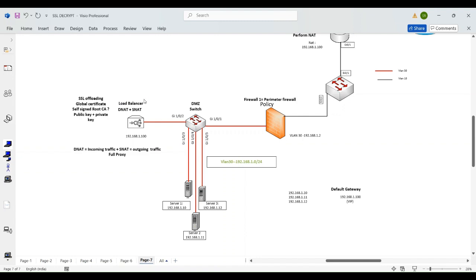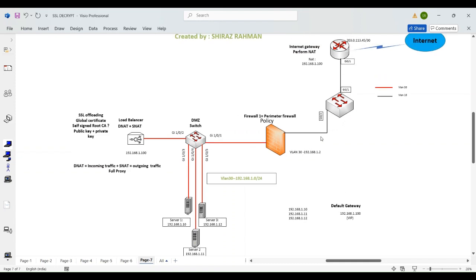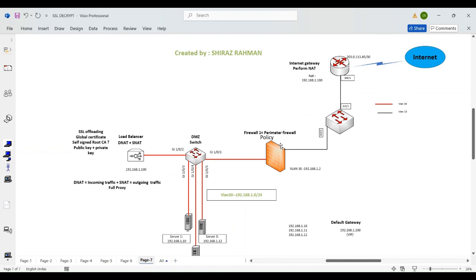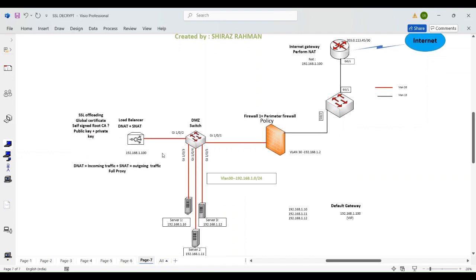There's one more thing called SSL bridging. And what is SSL bridging? We will just give a definition. Instead of terminating it over here, we will do this up to here.